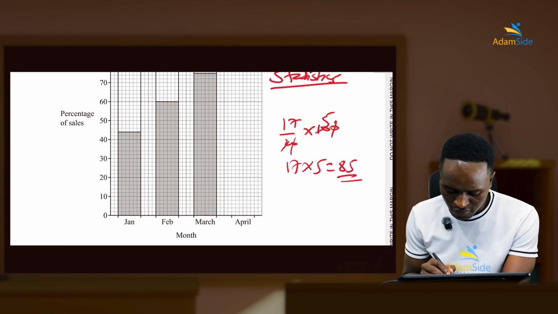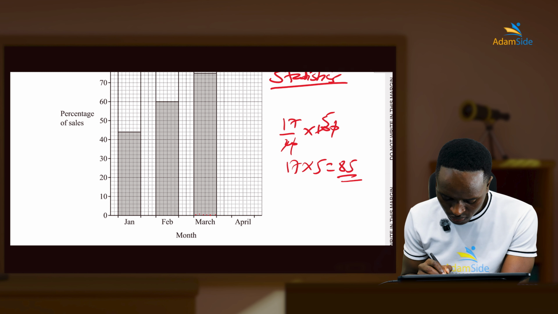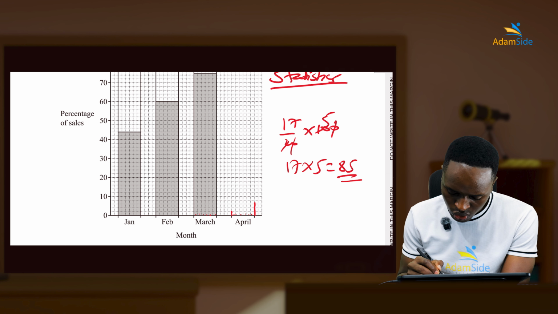So you go to your bar chart, because they all have the same magnitude. Count 1, 2, 3, 4, 5, 6. You can see the space in between. Then you draw it.